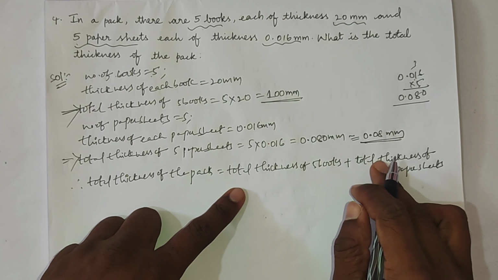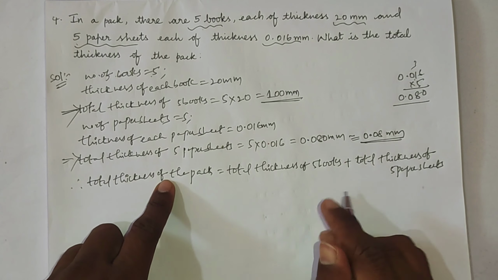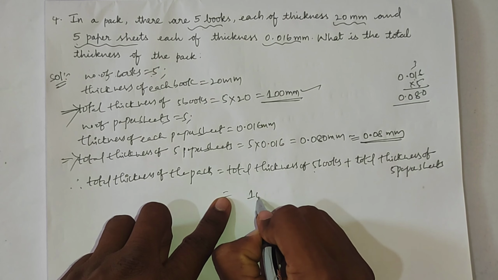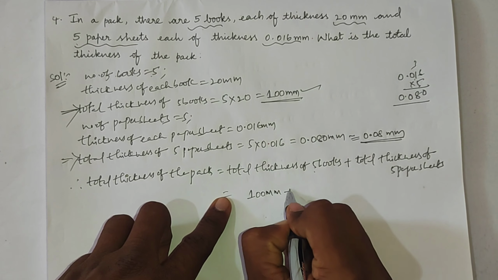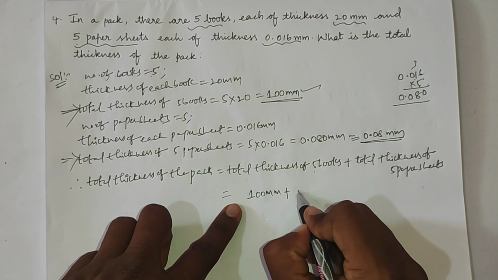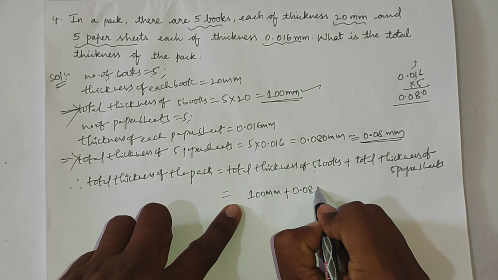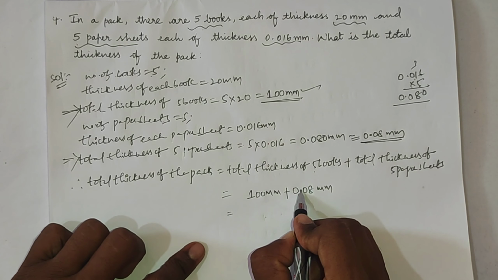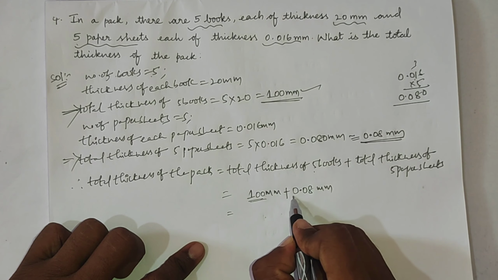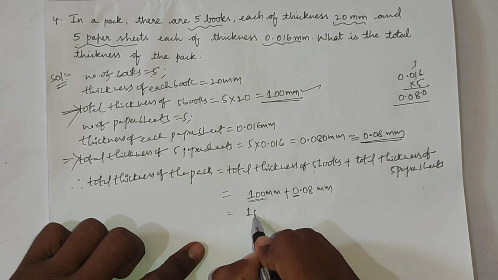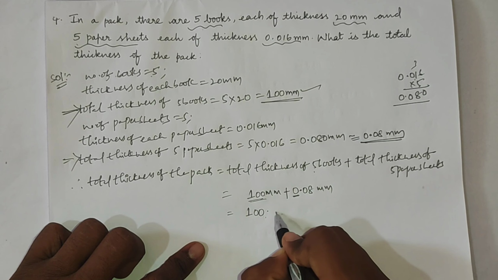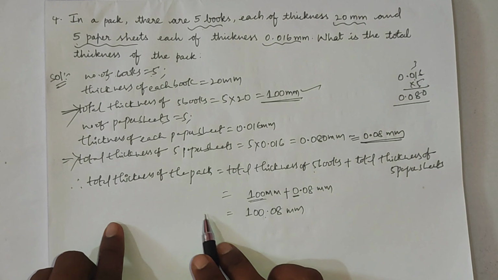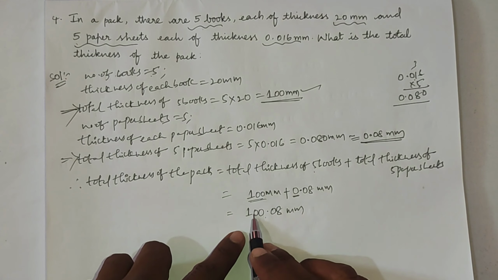By adding these two, you get the total thickness of the pack. The total thickness of the 5 books is 100 millimeters, plus 5 paper sheets, 0.08 millimeters. So the whole number part is 100, and the decimal part is 0.08 millimeters.